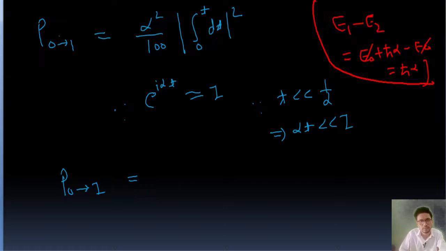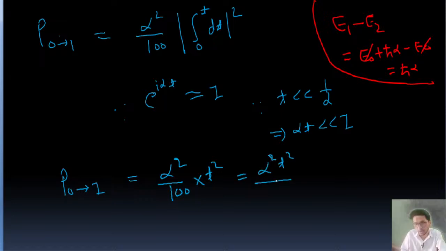So this value is going to be alpha square upon 100 into t square, that is alpha square t square upon 100.